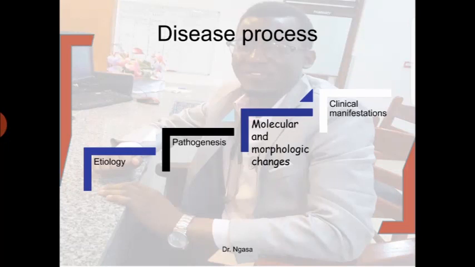Later on, the changes which occur due to that mechanism lead to certain morphological or molecular changes within that organ or tissue, and then those changes may impair the normal functioning of a certain organ and hence manifest as certain symptoms or signs, and hence are regarded as a disease.